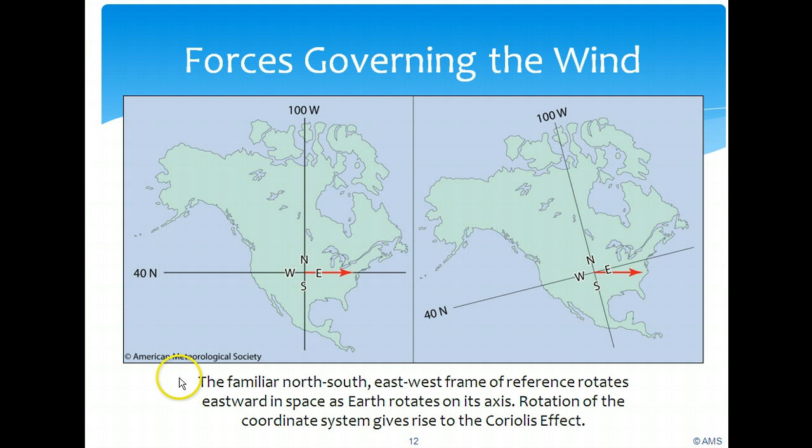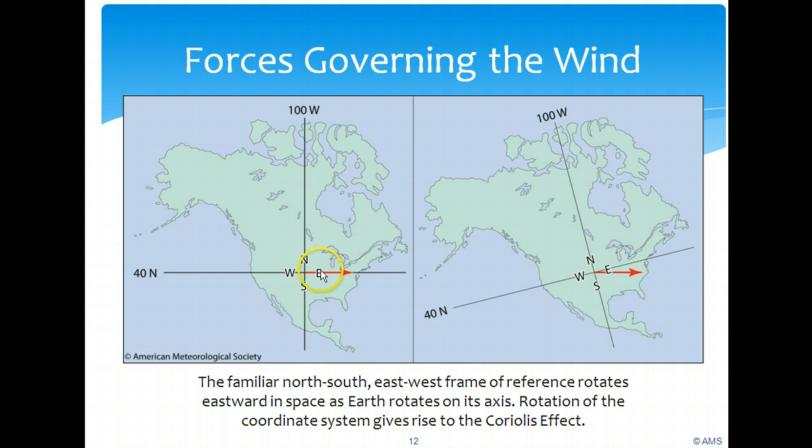As an example, let's say we wanted to throw a baseball from the center of the country, say in Omaha, Nebraska, and we wanted to send that baseball, if we had a strong enough arm, to maybe Washington, D.C. Well, if the Earth were not rotating, we could, with a strong enough arm, throw a baseball from here to here with no problem.